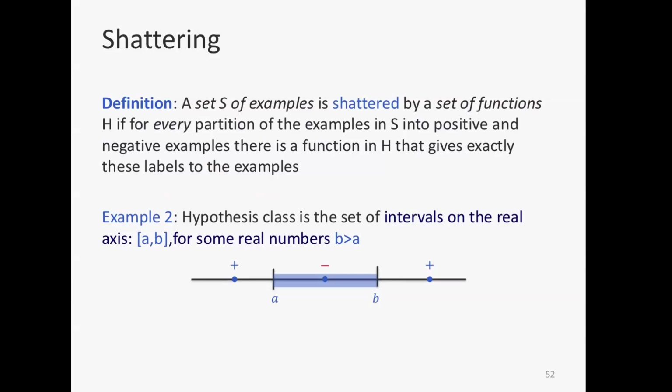Now, no matter how I try to place that interval, I cannot cover both the outside positive points and keep the negative point outside the interval. Right? This means there's at least one labeling of these 3 points that cannot be matched by the set of intervals. The set of intervals cannot shatter 3 points. It could shatter 2, but not 3.